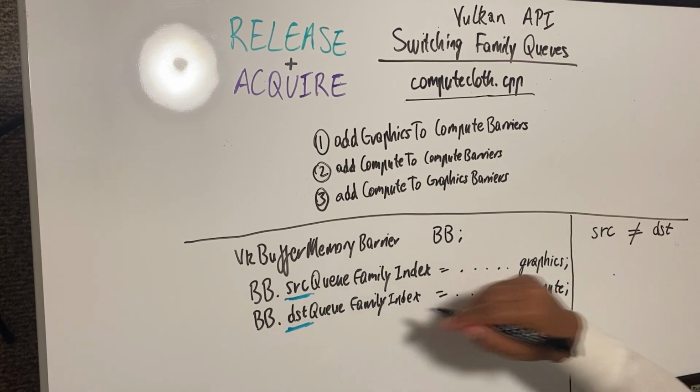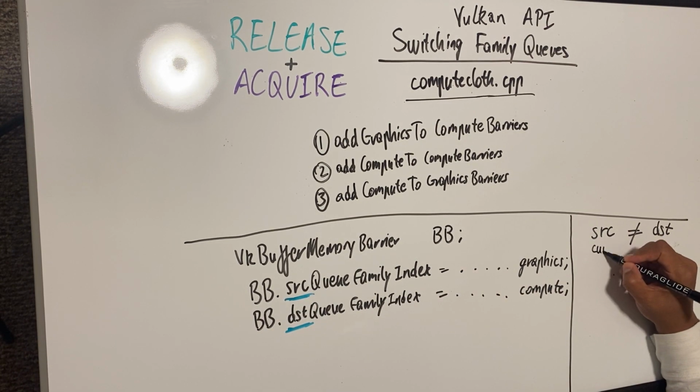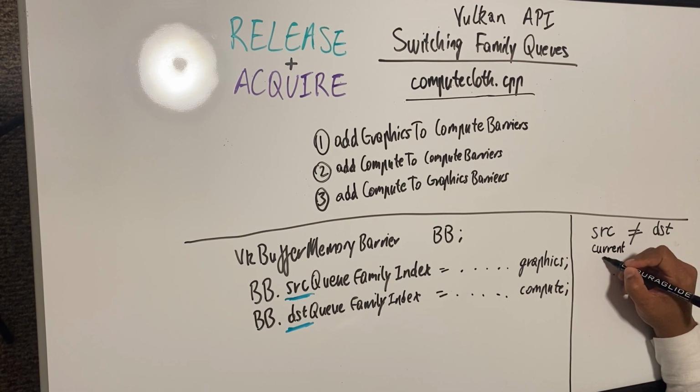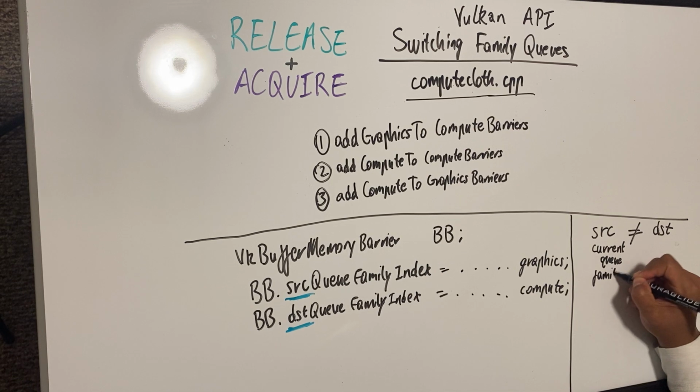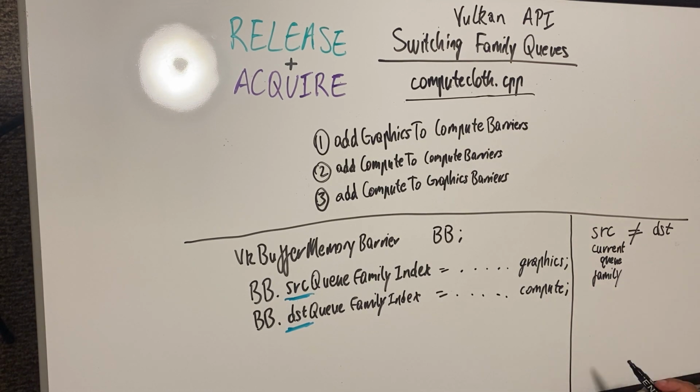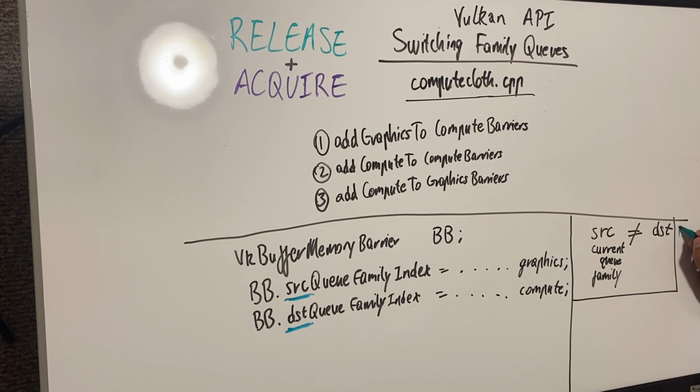So let's say the source is the current queue family. What this will boil down to is a release operation.